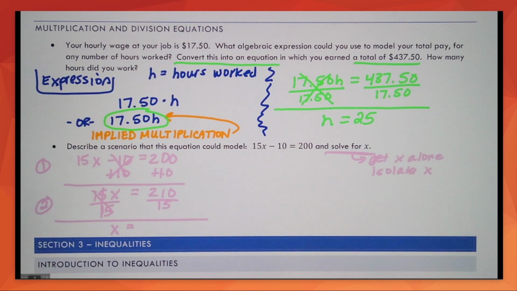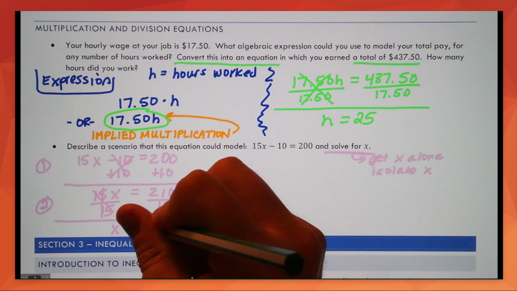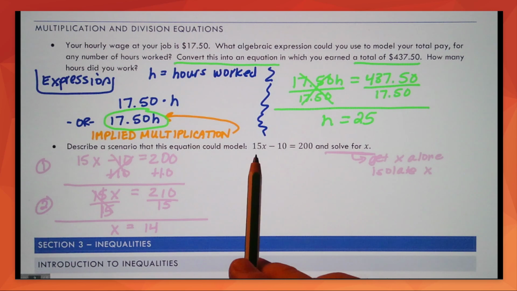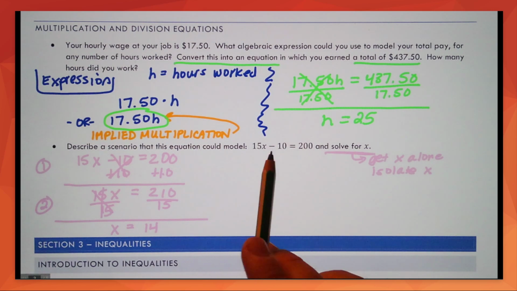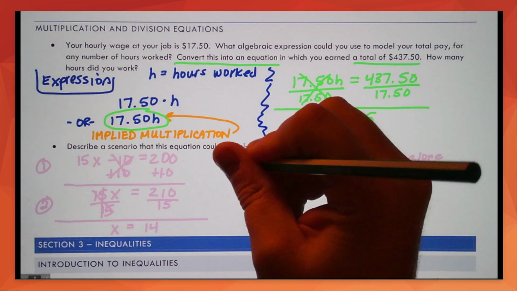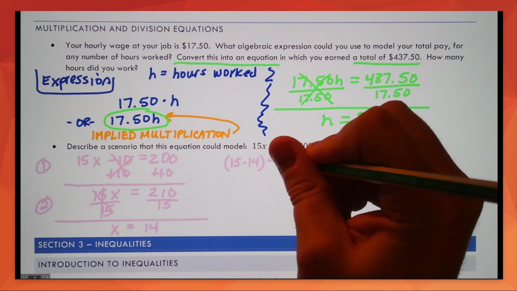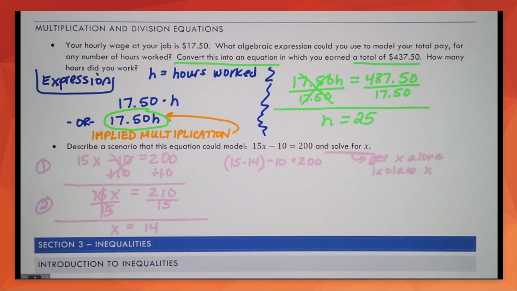Well, I need a calculator for that. And it comes out to 14. So the number that makes this a true statement is 14. 15 times 14 minus 10 equals 200.